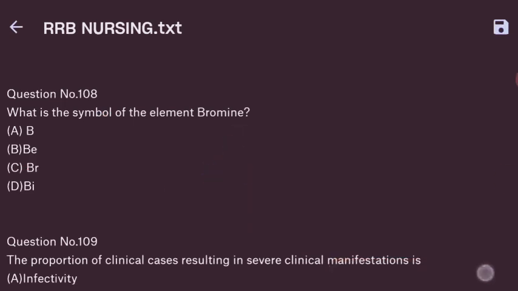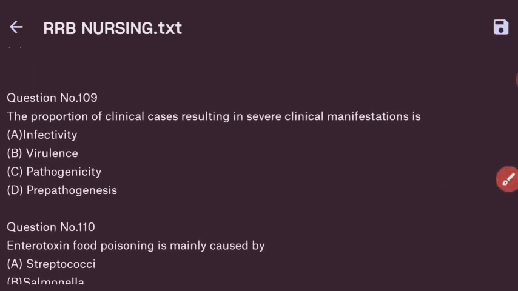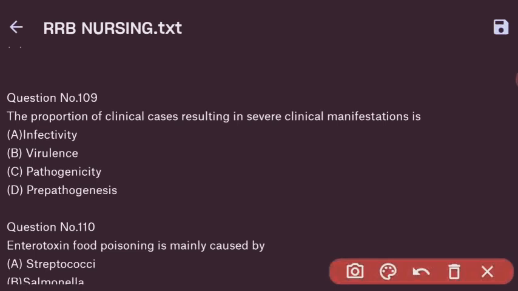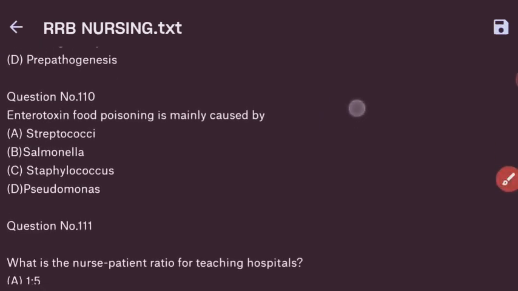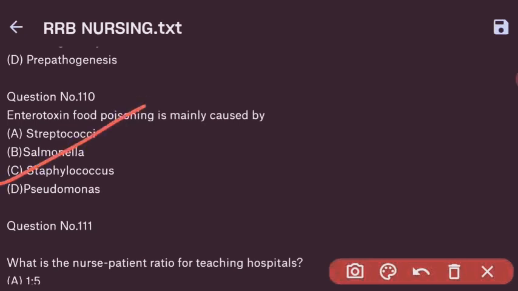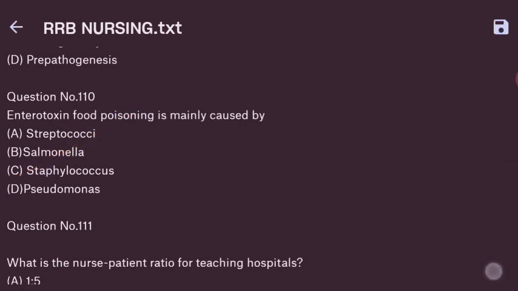So C is the right answer. Next question. The proportion of clinical cases resulting in a severe clinical manifestation is known as virulence. B is the right answer. Next question. Enterotoxin food poisoning is mainly caused by Staphylococcus bacteria. So C is the right answer.